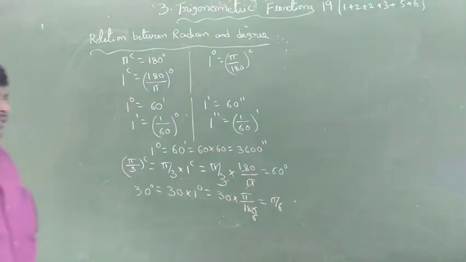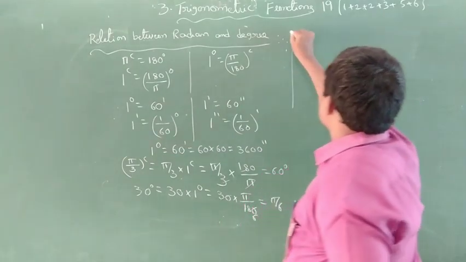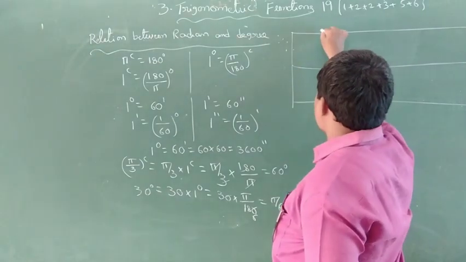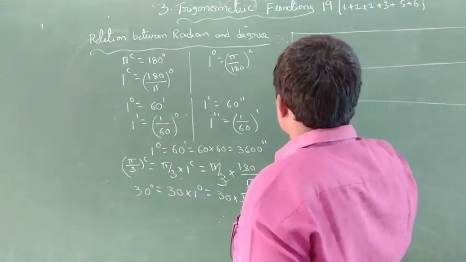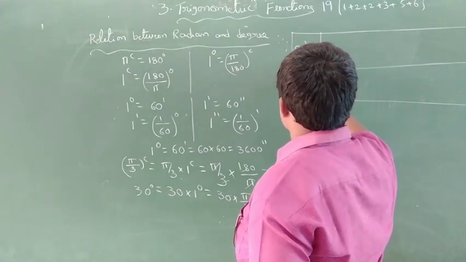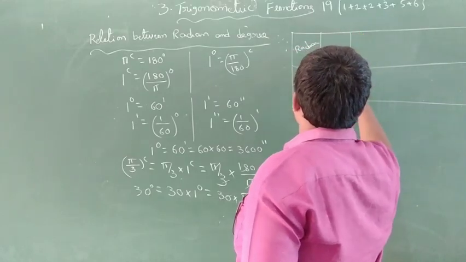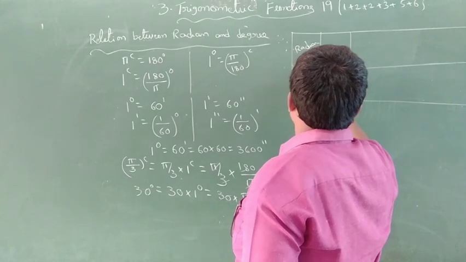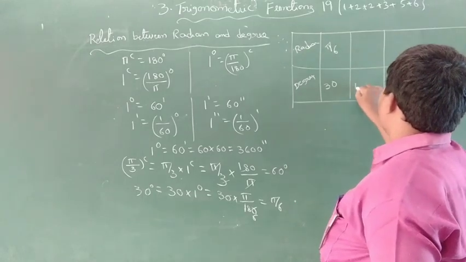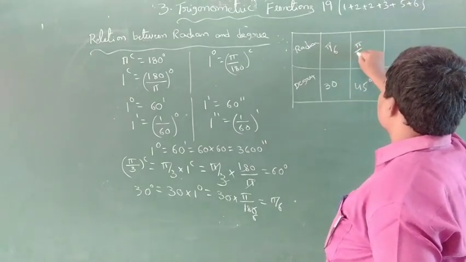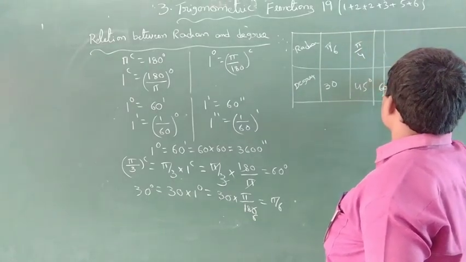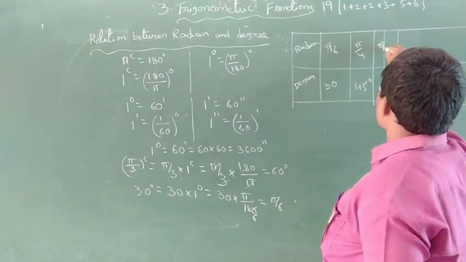So draw the table. 30 degrees is equal to pi by 6 radians. 45 degrees is equal to pi by 4. Next, 60 degrees is equal to pi by 3.